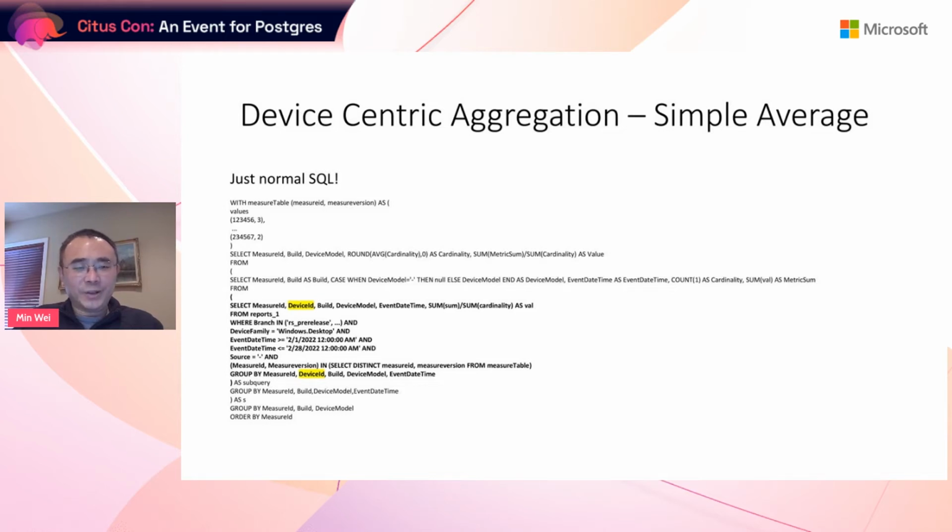This is a true device-centric query, and the query result will light up one section of the dashboard. Just from the query itself, it looks like normal SQL, right? Of course, under the cover, Citus is doing its magic with query rewrites, executing this on many machines, and then aggregating the results back. But from the data engineering point of view, this is just a vanilla SQL query. I think this is actually very cool.